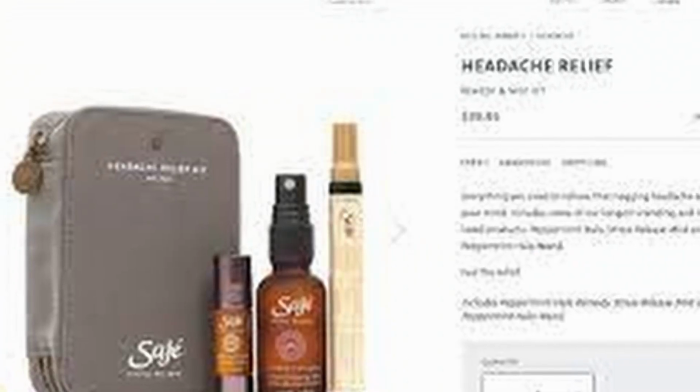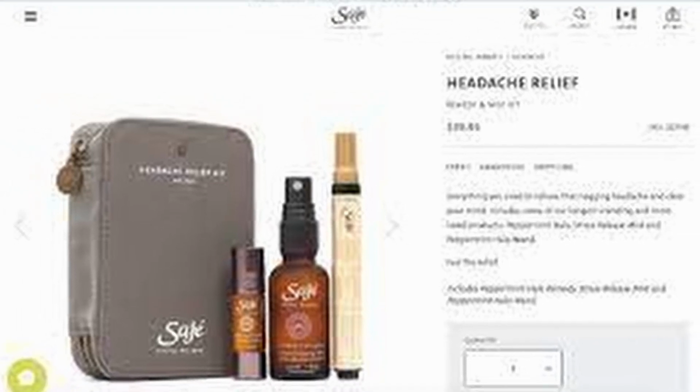Then in terms of the product bundles, let's say somebody is purchasing one product, so you can add a package of 3 variants of the same product at a cheaper price. If you're selling a pair of shoes for $30, you can have a package of 3 pairs that you're selling at $60.